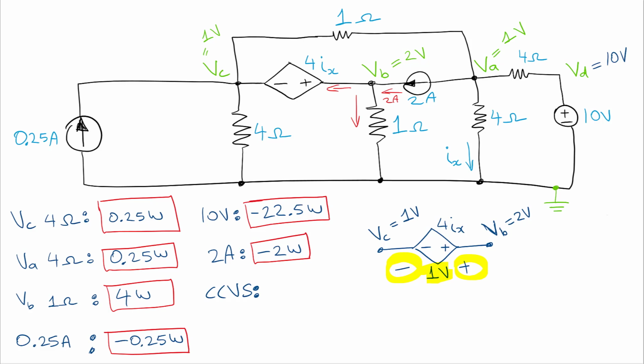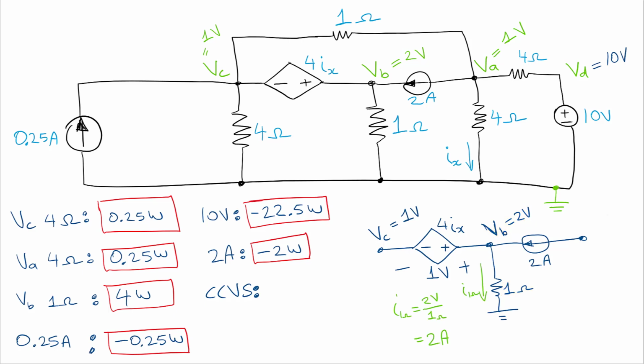Okay, so let's start our analysis. So then we know that, let's include that part of the circuit in here. So we know that VB is 2 volts. Okay, we know the resistance, so we can calculate the current. And the current is this.